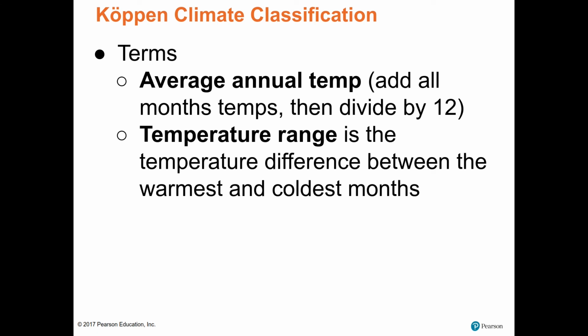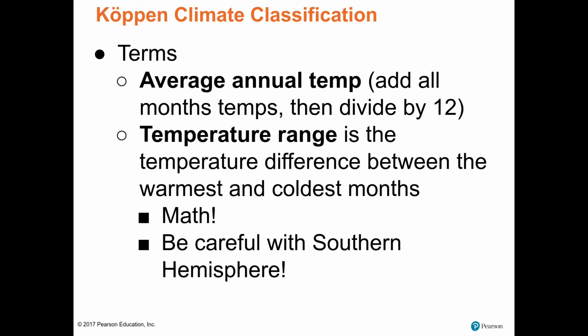Temperature range is the difference in temperature between the warmest month and the coldest month. It involves math. Be careful with the Southern Hemisphere because the summer months are going to be in December. When calculating temperature range, students often take the maximum temperature, let's say 30 degrees Celsius, and let's say it's a D climate, so the coldest month has an average temperature of minus 10 Celsius.